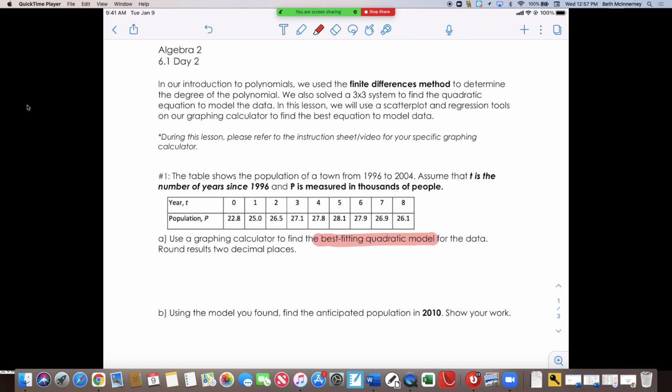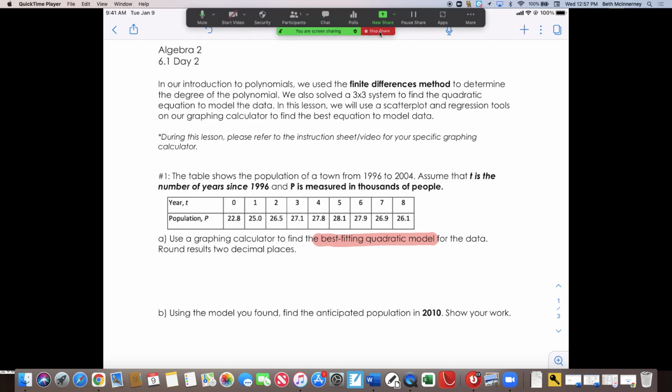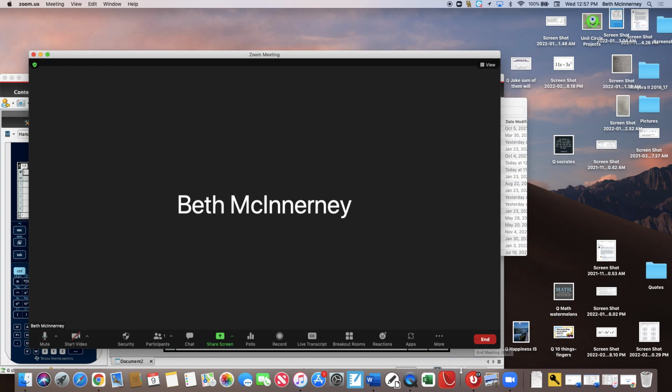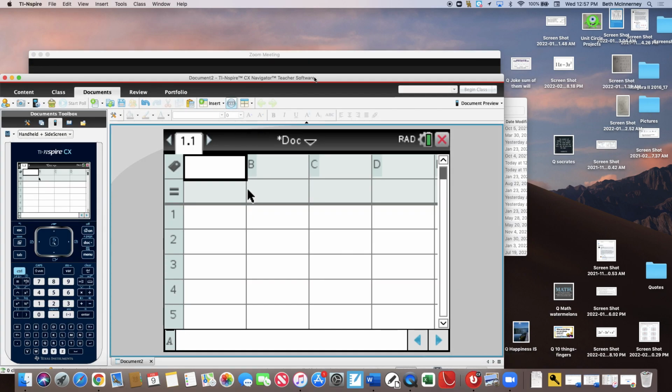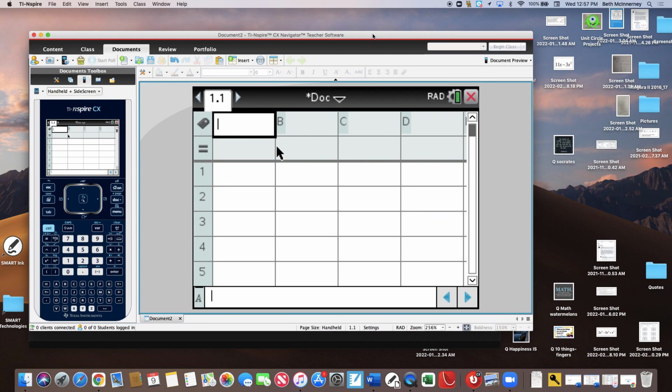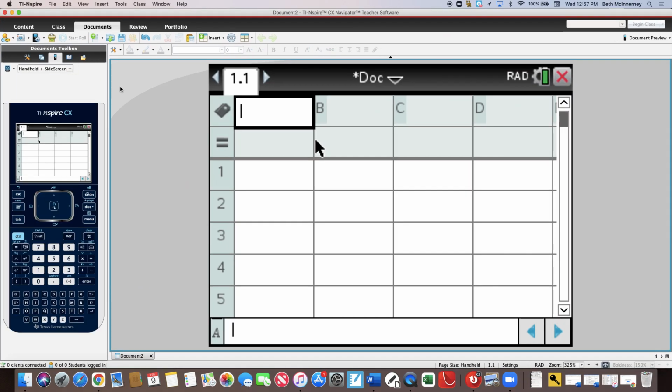So I'm going to pull up my graphing calculator, and those of you with your TI 84s, let me stop this share. All right, can you see that? Okay, so Nspires, let me get out of here.